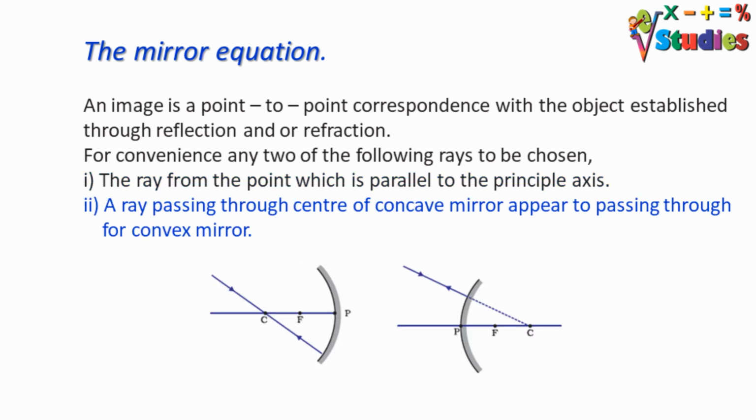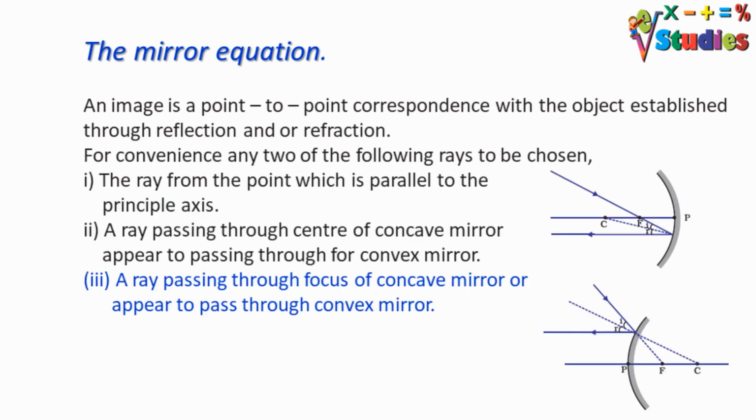The next one is the ray passing through the center of the concave mirror, or appearing to pass through it for the convex mirror, and it gets reflected along the same path. In the third one, when the ray passes through the principal focus of the concave mirror, or appears to pass through it for the convex mirror, that ray after reflection travels parallel to the principal axis.